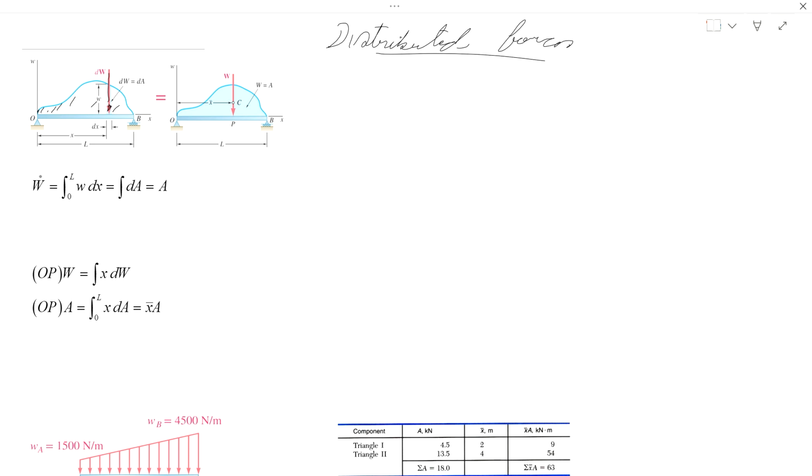So the mathematical function that we use, of course, because that's why we're doing the simplification for area, is the integral. And we say from point O, which is the same as coordinate 0, to the length, whatever this is, 10 meters, 100 meters, so from 0 to the length L of that beam or that system, we want to compute the differential of the function W, and the function W is a function of x, right?